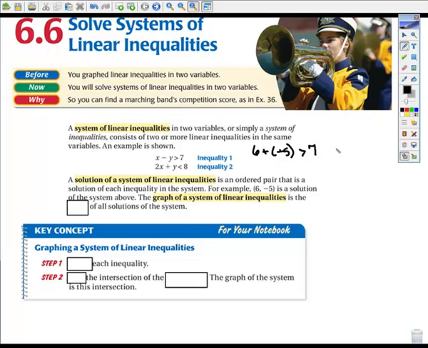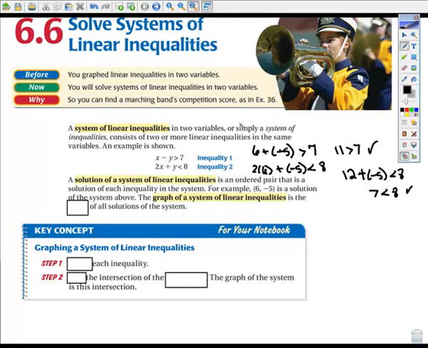So we add the opposite, which makes 11 greater than 7, so it works here. And in the second inequality, I would have 2 times 6 plus negative 5 has to be less than 8. Well, 2 times 6 is 12, plus negative 5 is 7, which is less than 8, so it checks out.